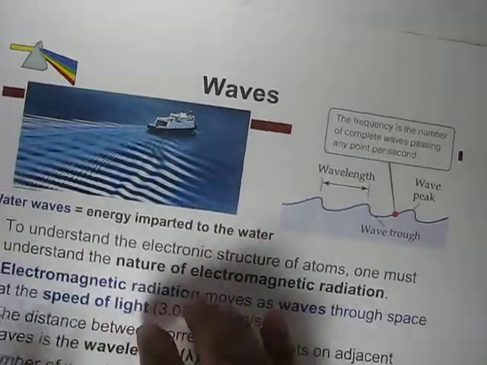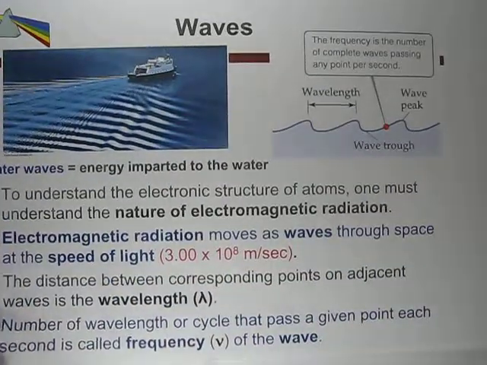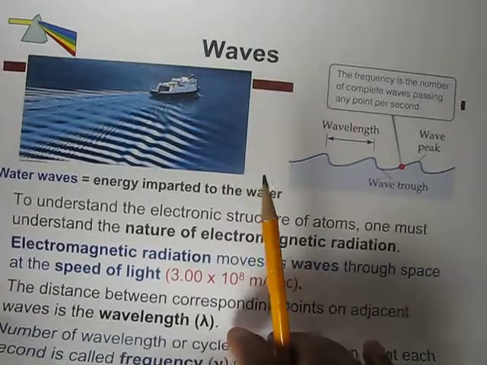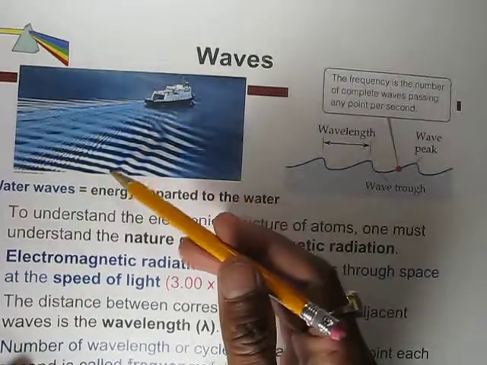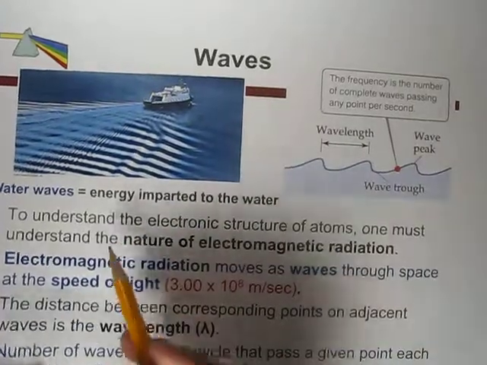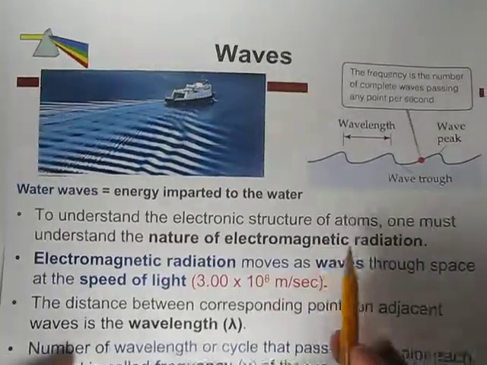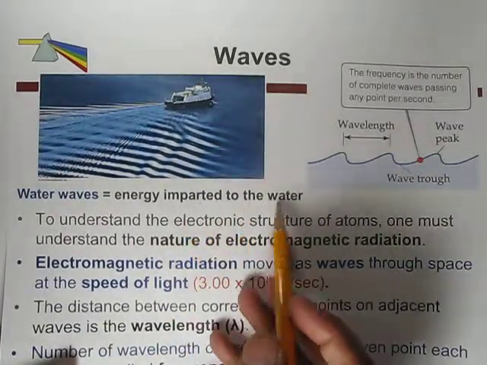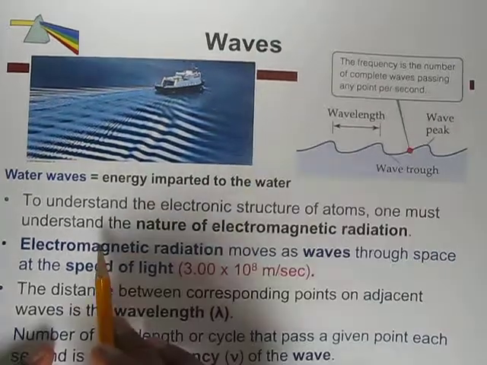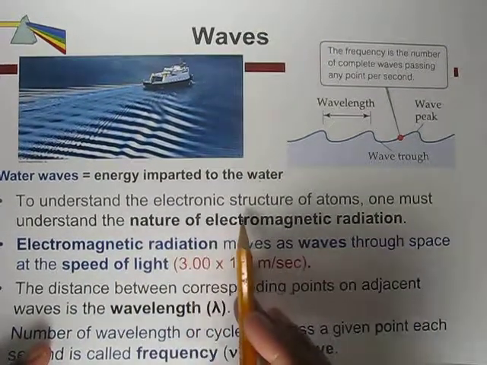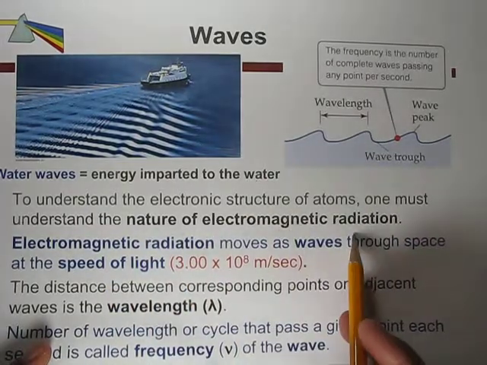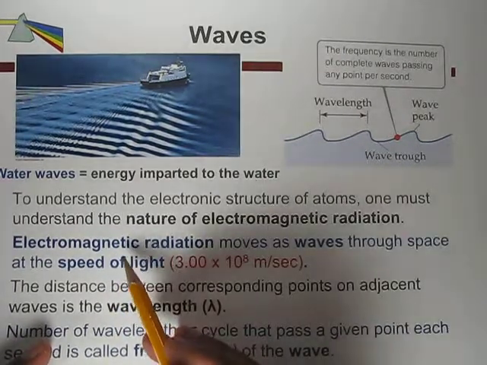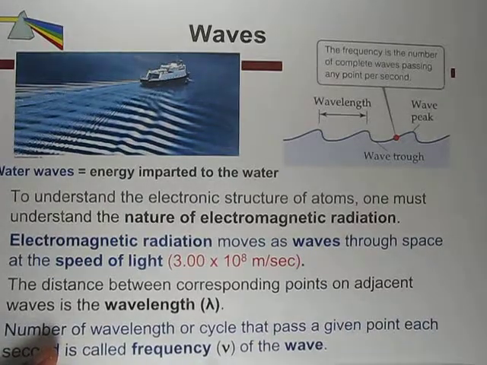What are the waves? We have seen that whenever we touch the water or whenever we disturb the water, some waves generate in the water, and waves represent the energy imparted to the water. To understand the electronic structure of atom, one must understand the nature of electromagnetic radiation, and here we are talking about the electromagnetic radiation.